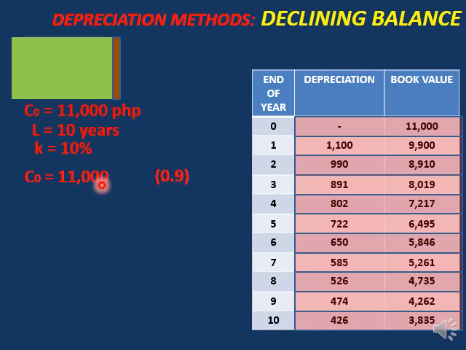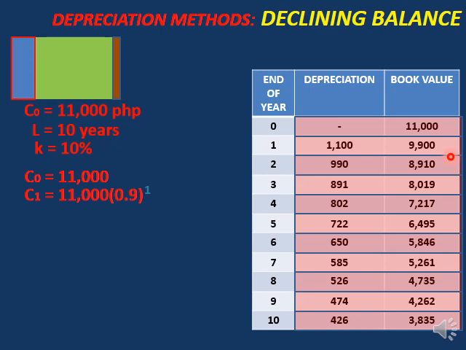So we multiply 11,000 by 0.9, and that will become 9,900.